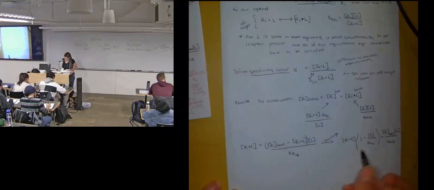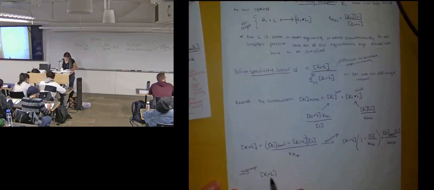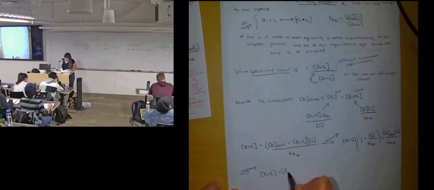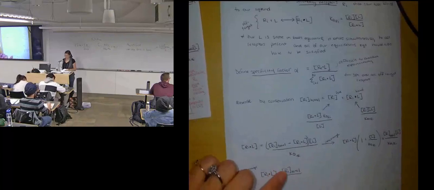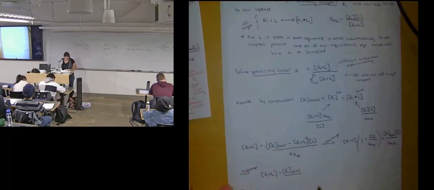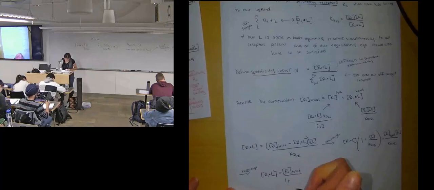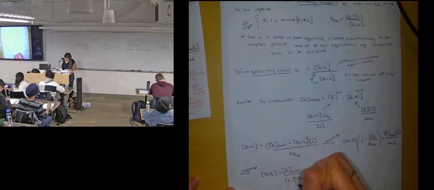Okay, so here's our first rearrangement. We're gonna rearrange again. Remember, we can't really solve for this easily. So now we have the total concentration. Remember, we had a way to get this with Scatchard. 1 plus Kd of I over ligand.